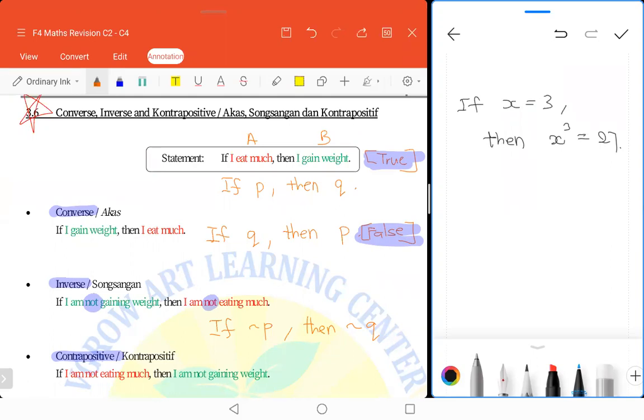So this is the statement given. When the question asks for the converse, you bring the sentence at the back to the front. Then it will be: if x cubed equals 27, then x equals 3.